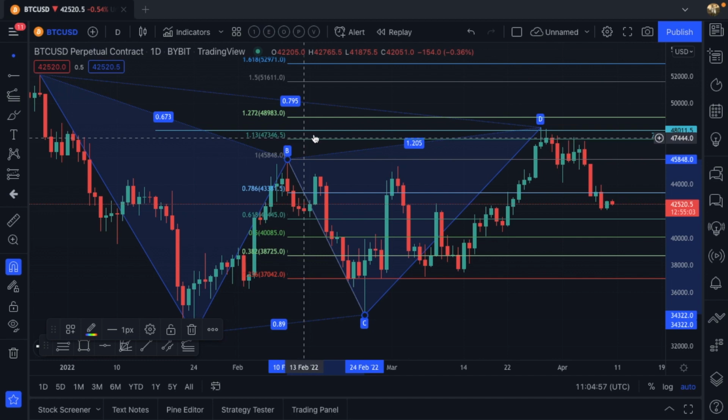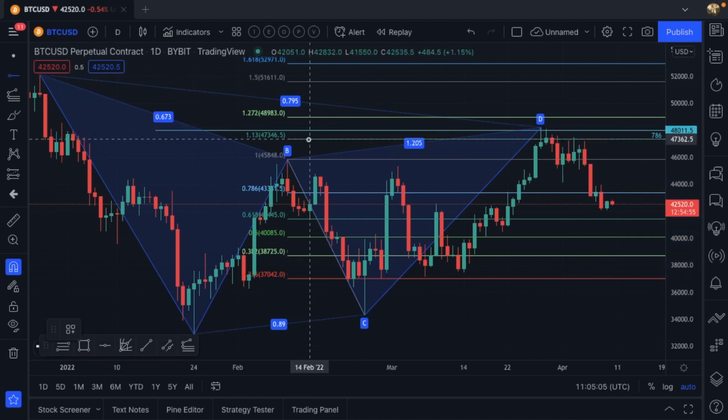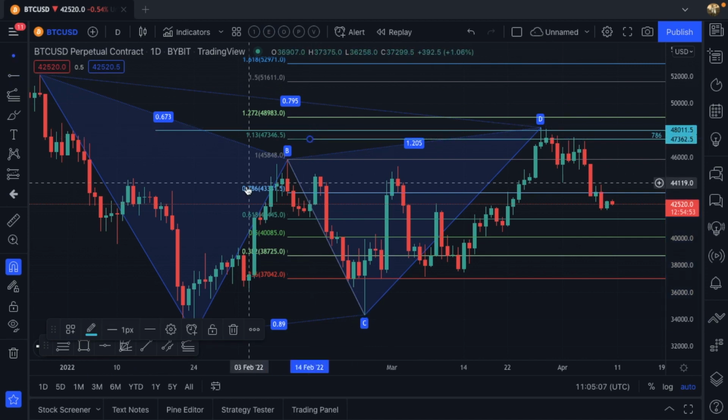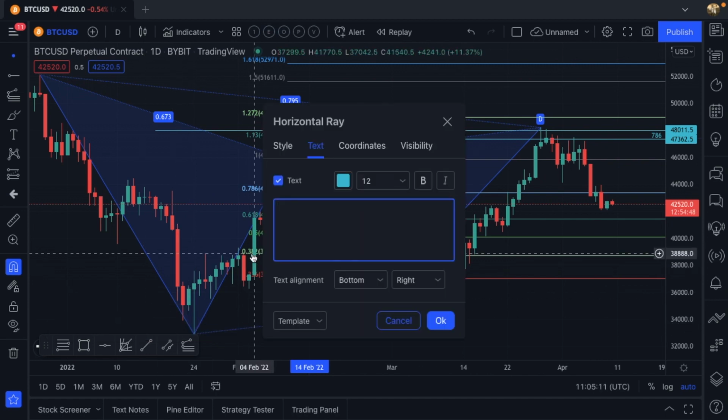But the 1.13 is closer, so that is the one that we are going to be looking at. So again, plot this out. Gonna drop a horizontal line and call this the 1.13.